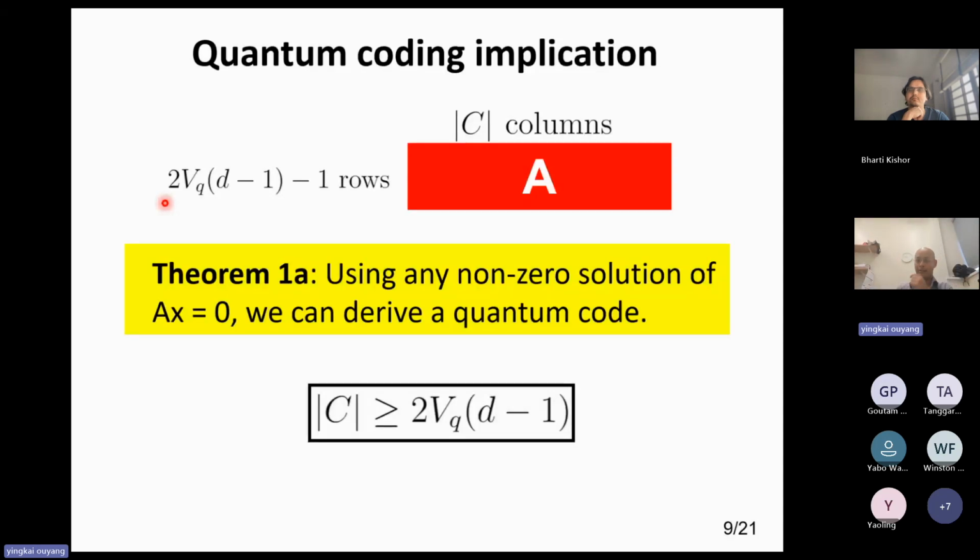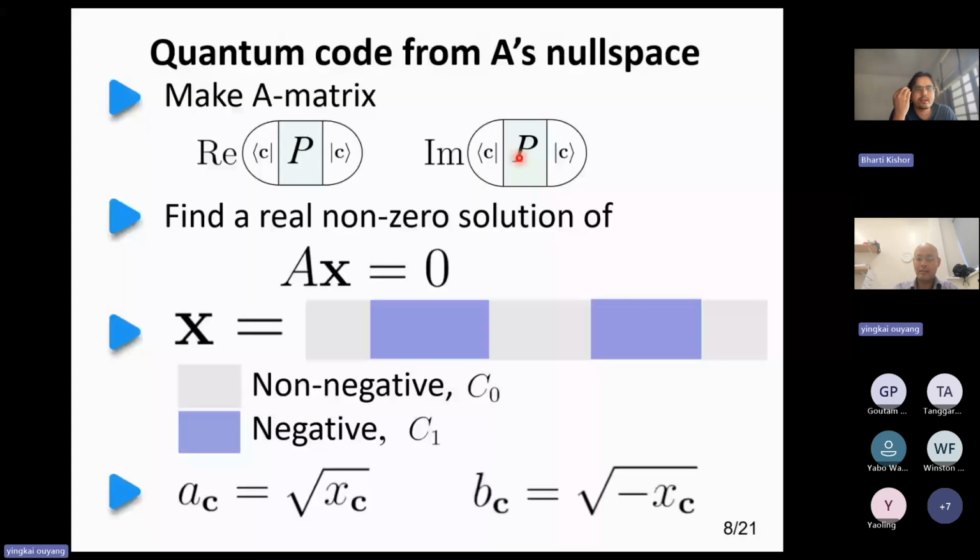So anyways, let's say, Yingkai, when you solve it, you will get all of those A and B weights, I mean this AC and BC. This is what you will get. Yeah, I see. Exactly. And there can be degenerate solutions depending on the dimension of your null space.